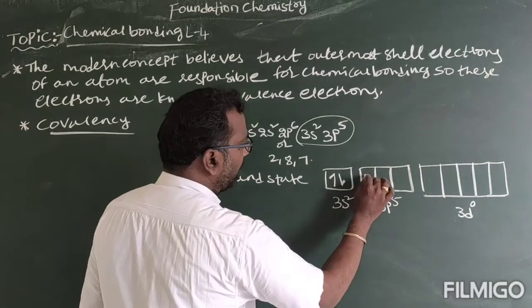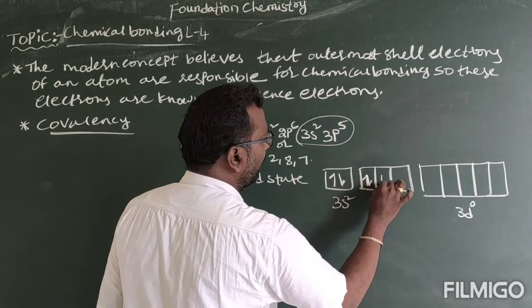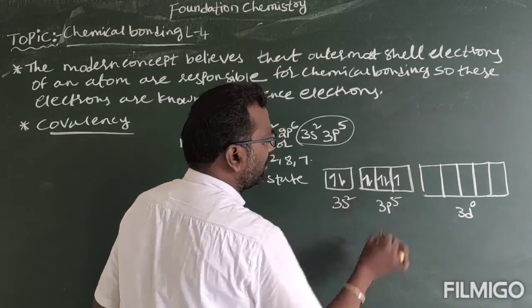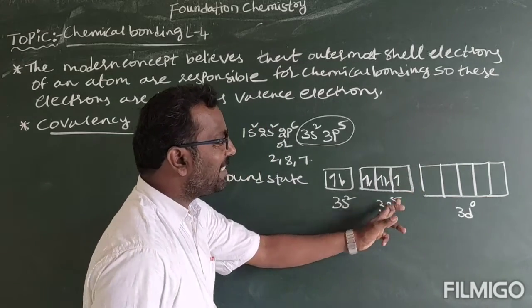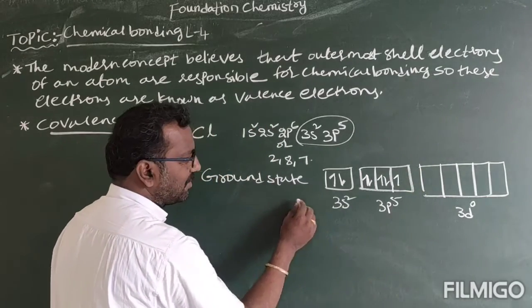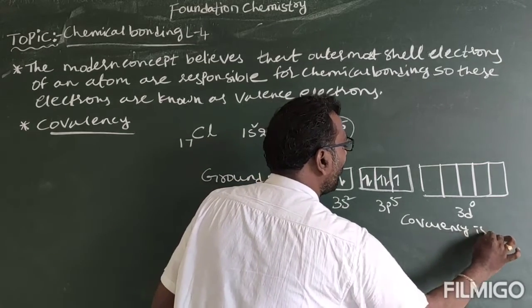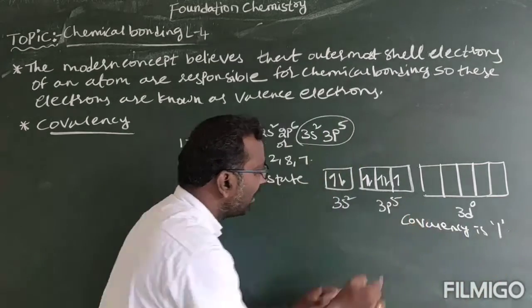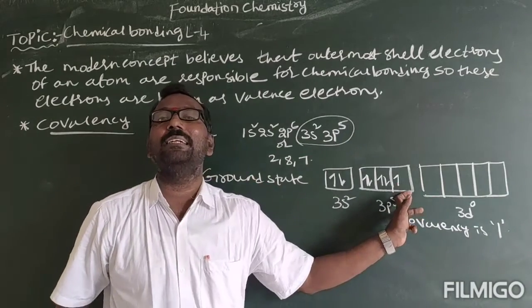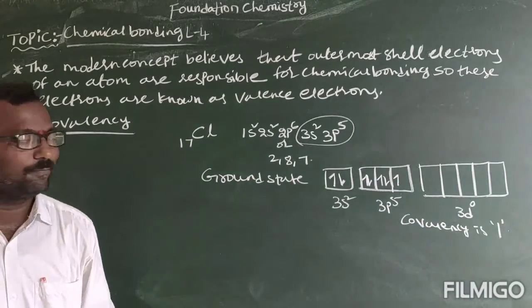Now you see, 5 electrons first. Is it or not? So the covalency is how much in this case? The covalency is 1. Why? Unpaired electrons are considered as the covalency.